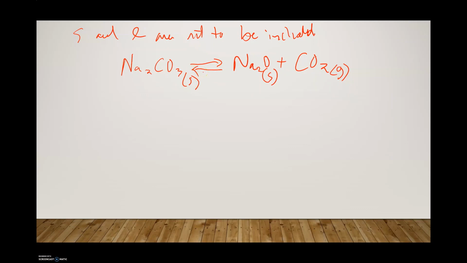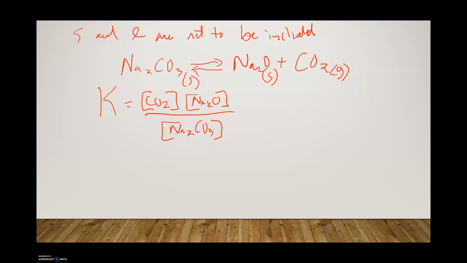If we were to write the equilibrium expression normally, we'd have CO2 times Na2O divided by Na2CO3. Since we can't include liquids or solids, these two are going to cancel out. So we end up with the concentration of CO2. This equilibrium depends on the concentration of CO2 on the product side.